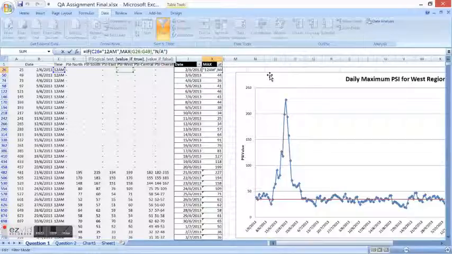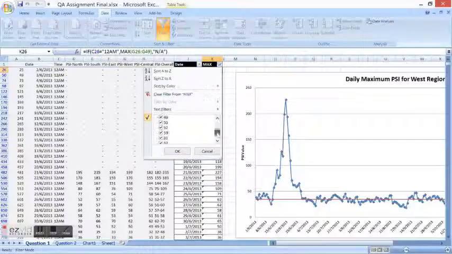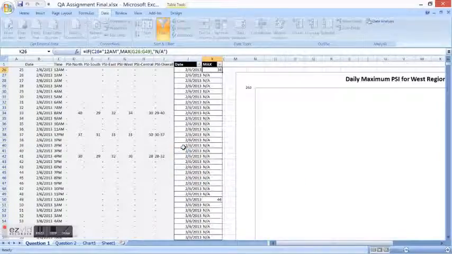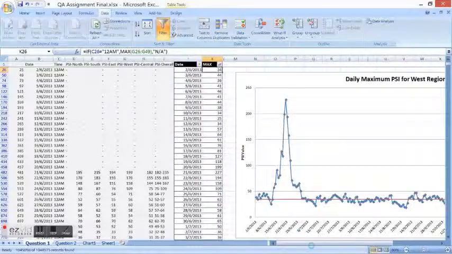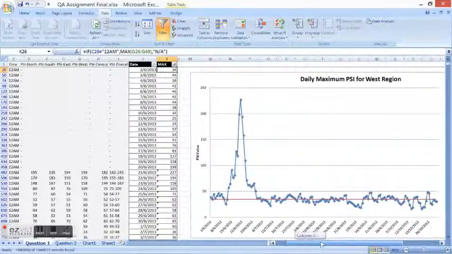If not, then it will just compute NA, which is not applicable. So if I unfilter this and include the NA, this is what I get. So I just filter it and get my graph.